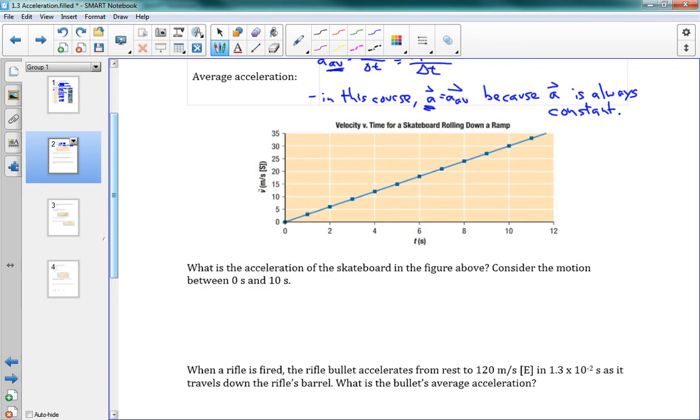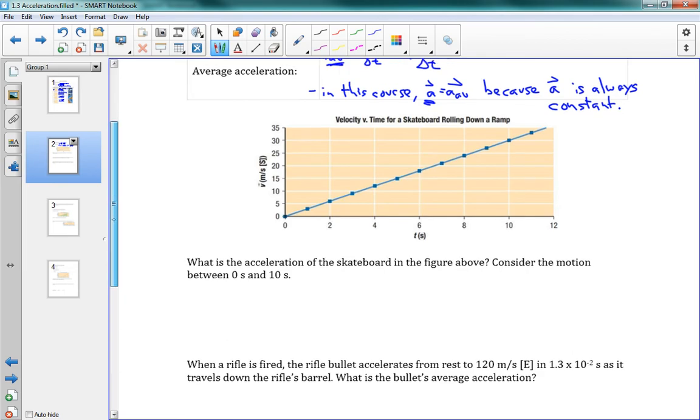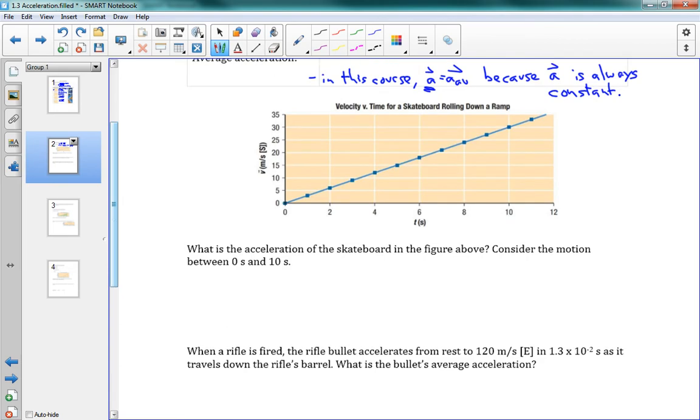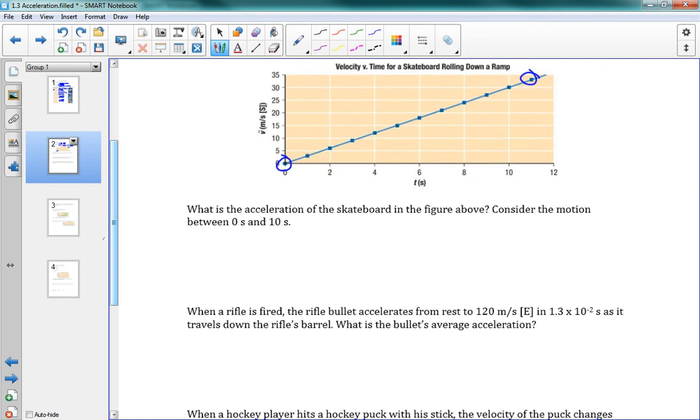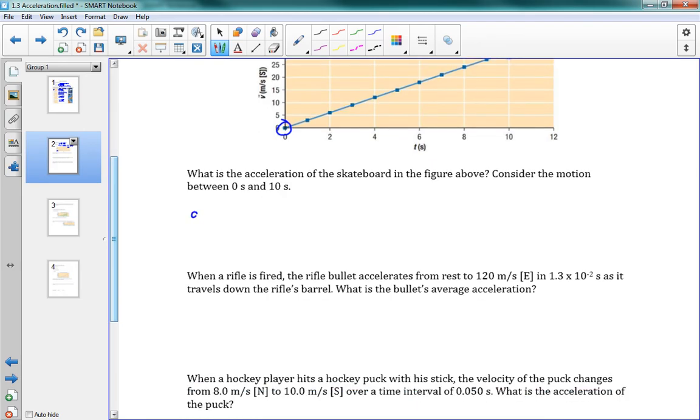Okay, so we're going to look at this velocity time graph. Remember we've said that the average acceleration is just equal to the final velocity minus the initial over the change in time. It's the same as saying it's the slope of this graph. So, what is the acceleration of the skateboard in the figure above? Consider the motion between 0 and 10 seconds. I circled 11, but actually we want to look at this value here. The way we do this is we can say a is equal to vf minus vi over delta t.